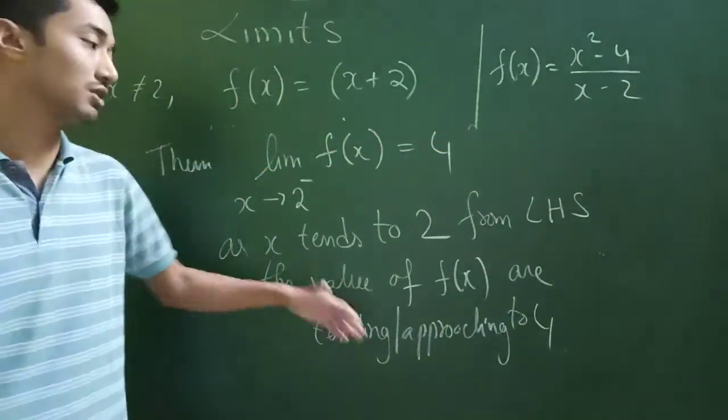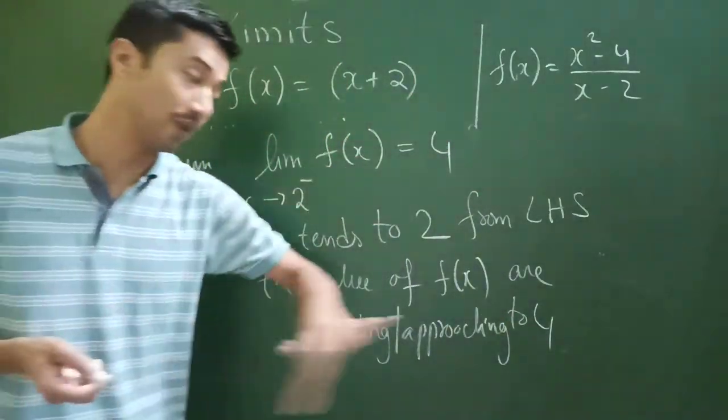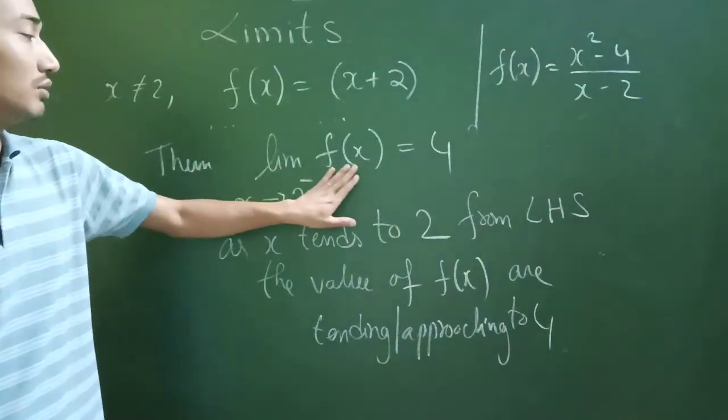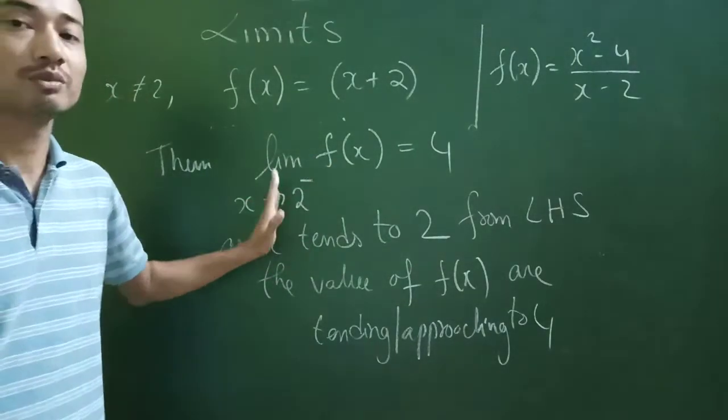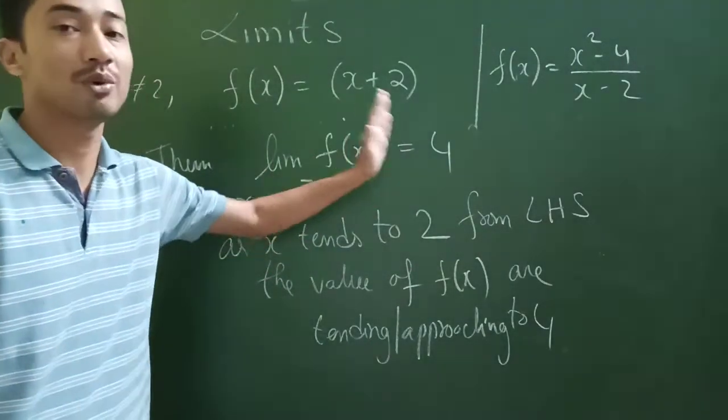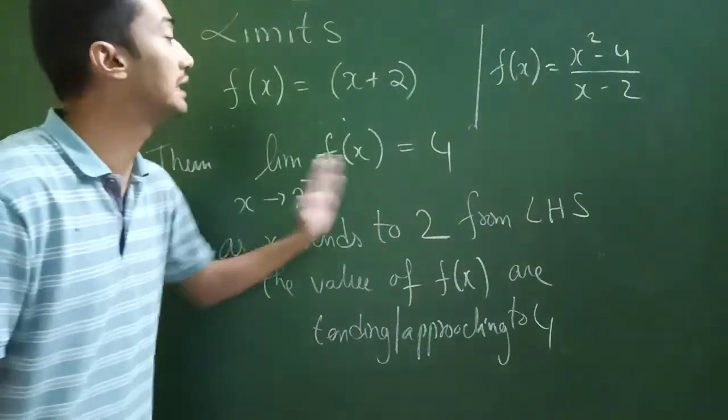That's what it means. It's not like equal to. Exactly how we read it is: the limiting value of the function as x tends to 2 from the left hand side is tending or approaching towards 4. It's not equal to 4.